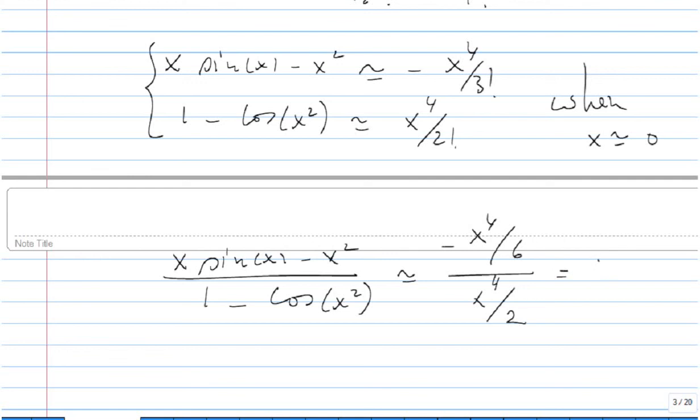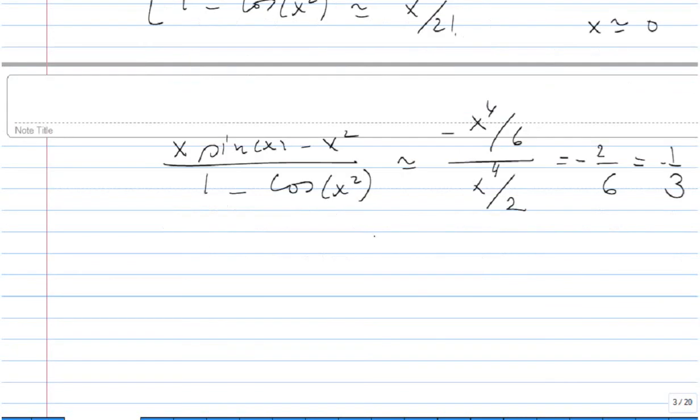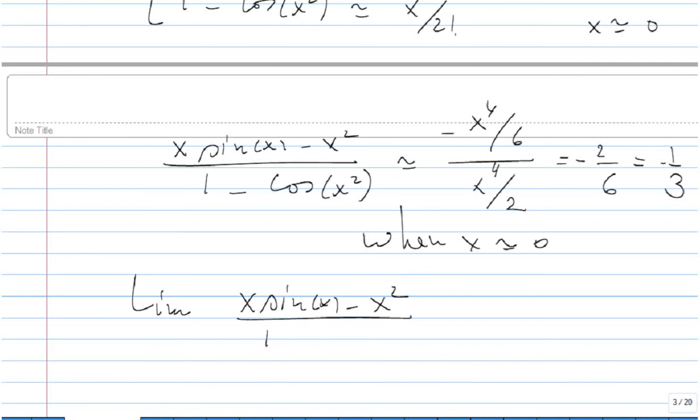Algebra will give us minus 2 over 6, which is minus 1/3. So you see, when x is close to 0, you are close to a number, so the limit is that number. So the limit of x sine x minus x squared over 1 minus cosine of x squared when x goes to 0 is equal to minus 1/3.